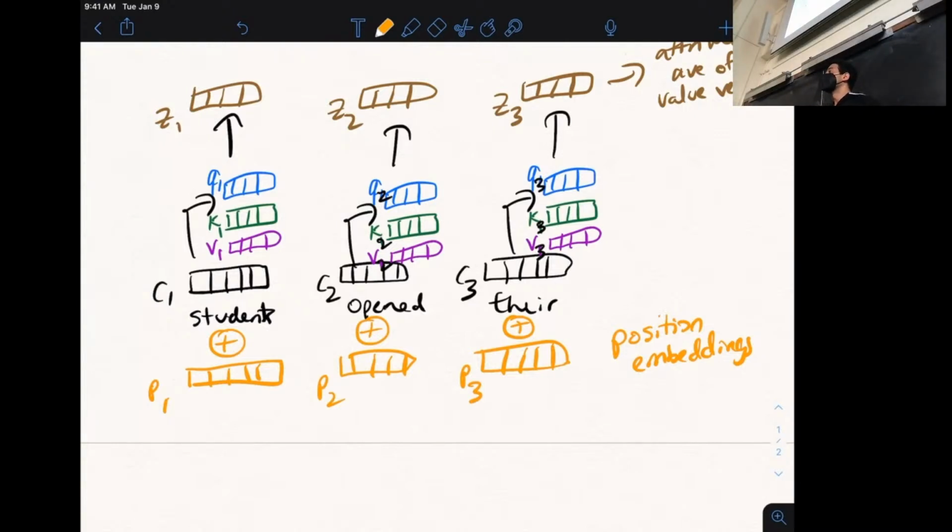So, for example, if my maximum sequence length, the biggest sequence I can fit into my GPU, is 1024, so I can have 1024 tokens in my input, I'm going to have 1024 separate learned position embeddings, one corresponding to each position. So P sub 1 here is always used for the very first position in the sequence. P sub 2 is always used for the second word in the sequence, regardless of whatever input it is. Does that make sense?